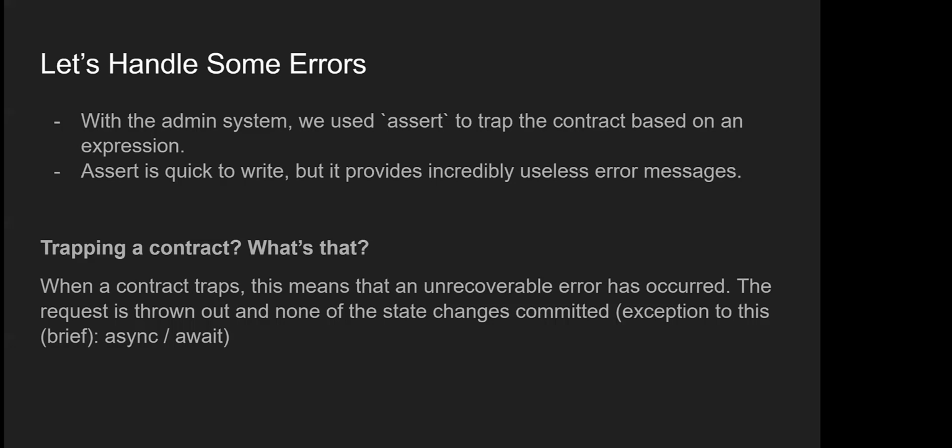There are exceptions to that we won't get into in too much detail now, but using asynchronicity and using await can change the behavior of what state is or isn't committed. So that's something to keep an eye on. In fact, async and await is probably one of the biggest things to keep your eye on in terms of pitfalls when writing on the IC, but that's for another time.